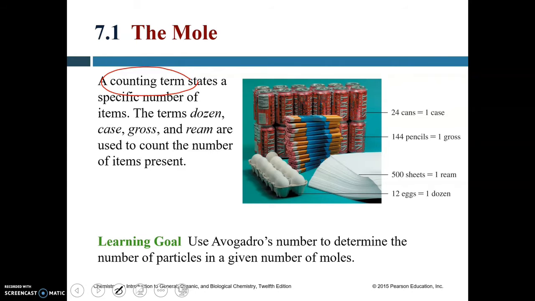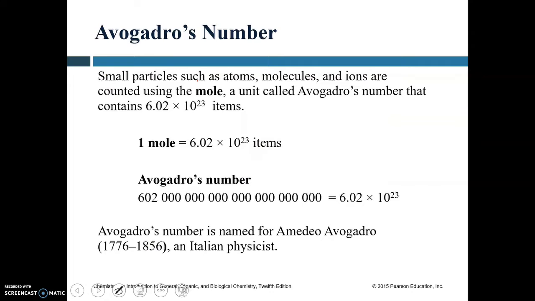So what is the mole? The mole counts small particles such as atoms, molecules, or ions. The mole is also called Avogadro's number, a unit that contains 6.02 multiplied by 10 to the power of 23 items.